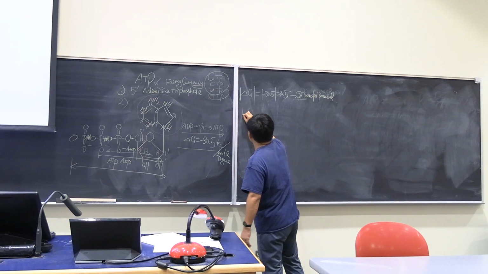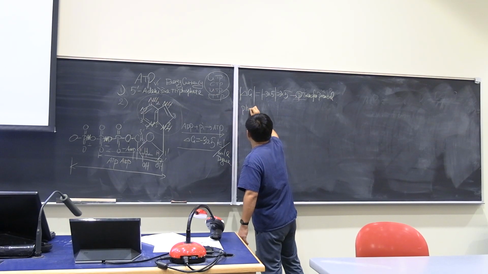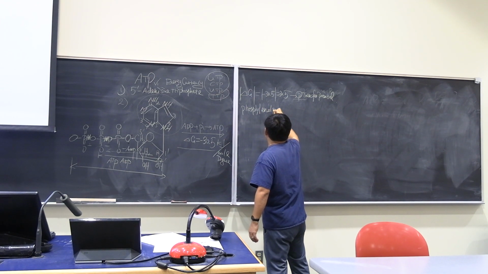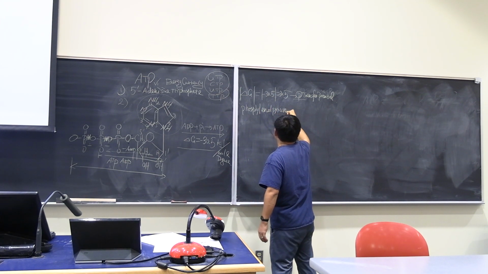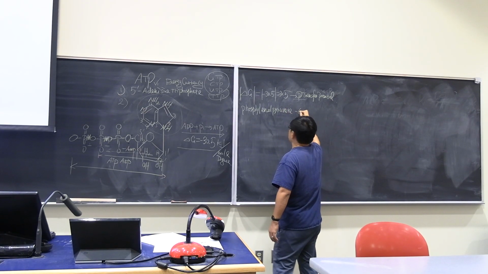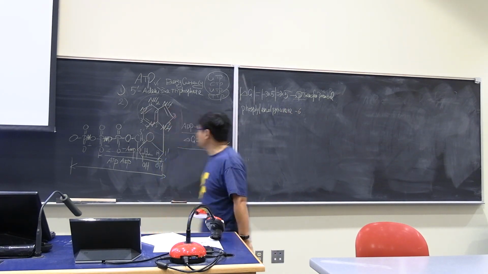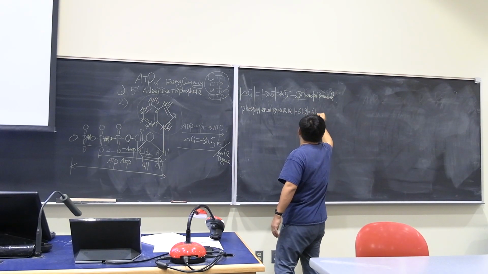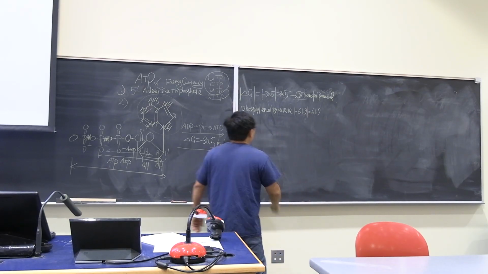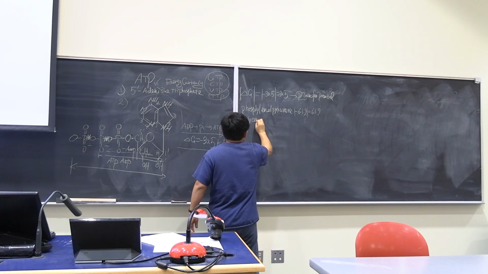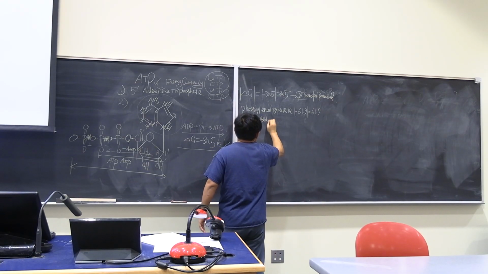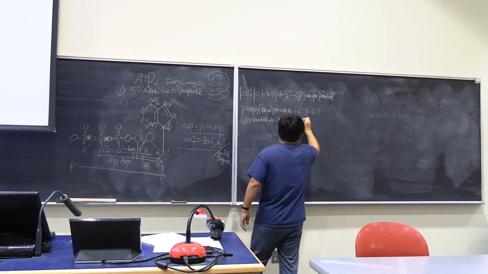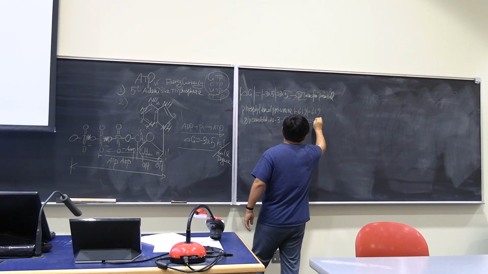For example, phosphoenolpyruvate. This is minus 61.9. That equals an absolute value of 61.9. Glyceraldehyde 3-phosphate equals 49.5.